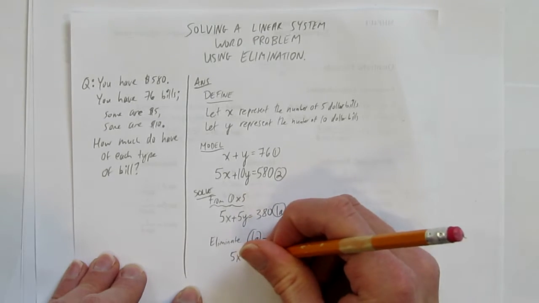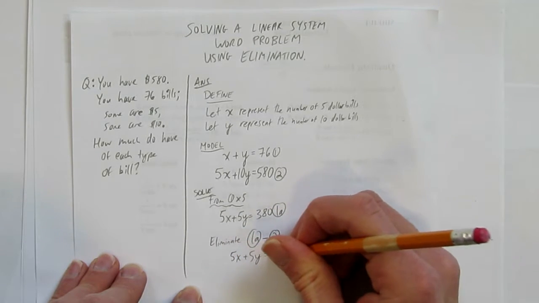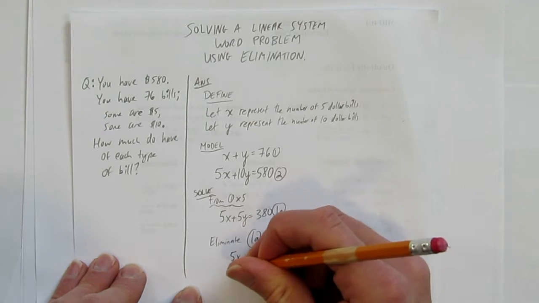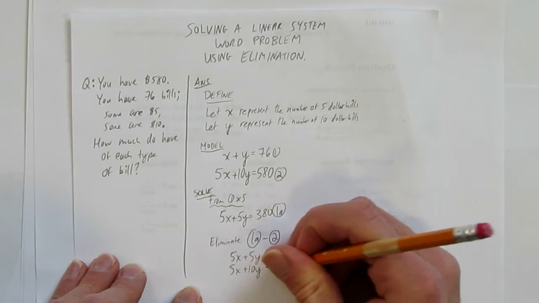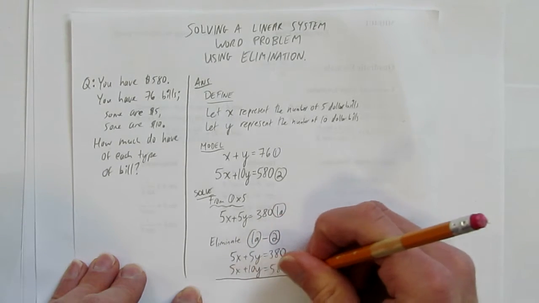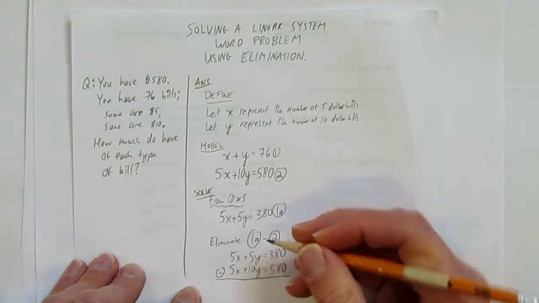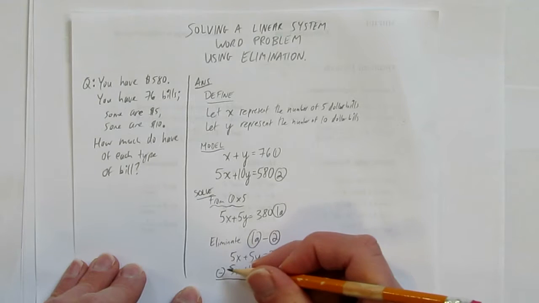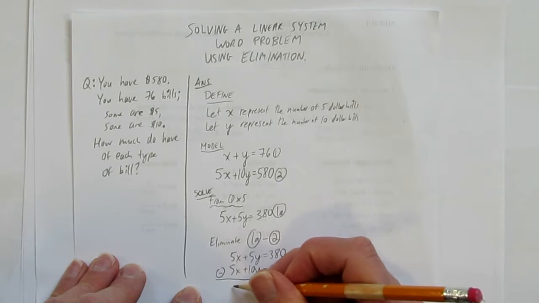Equation 1a, 5x plus 5y equals 380. And I'm going to take away the second equation, 5x plus 10y equals 580. I'm going to subtract. I put a circle around my minus here to remind me to subtract each thing. It's just my little reminder. 5x take away 5x is nothing. It better be.